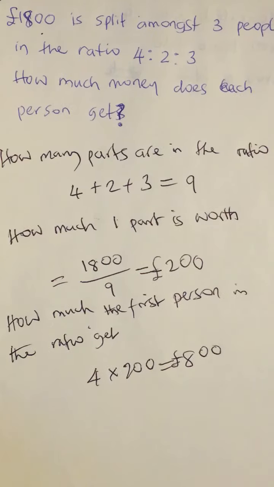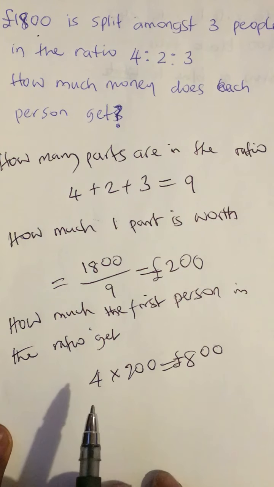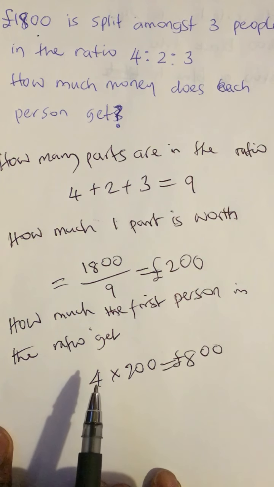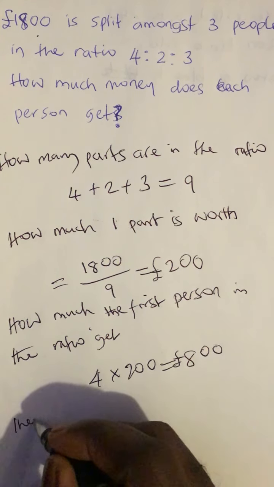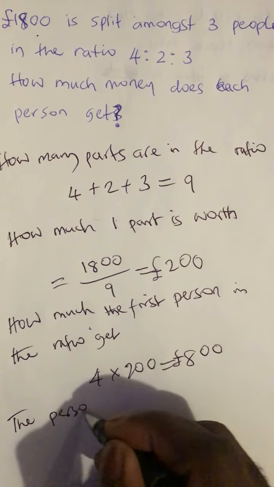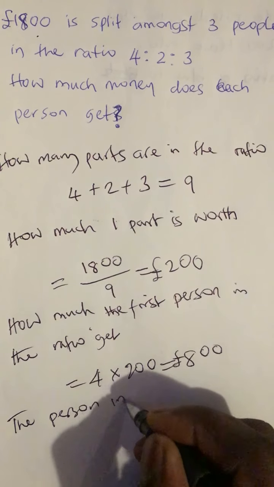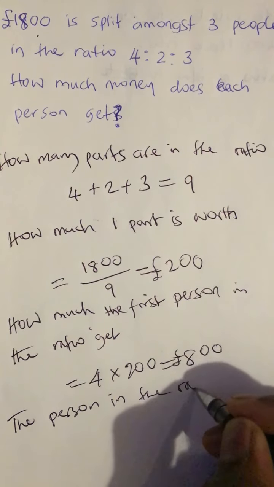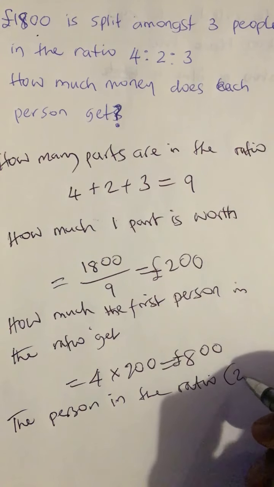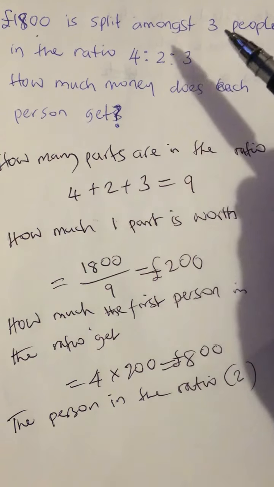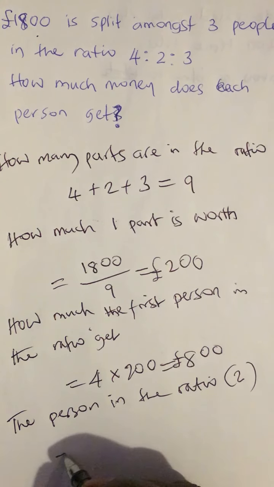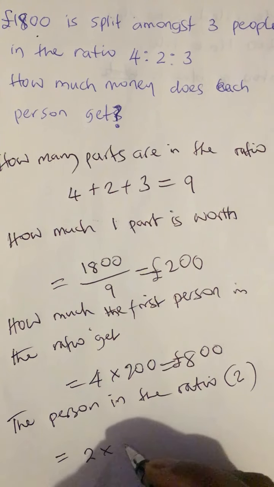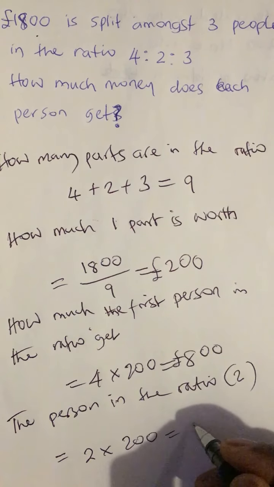So we'll now proceed to find out how much the second person in the ratio gets. The second person in the ratio has 2 parts. So 2 parts times 200 is equal to £400.